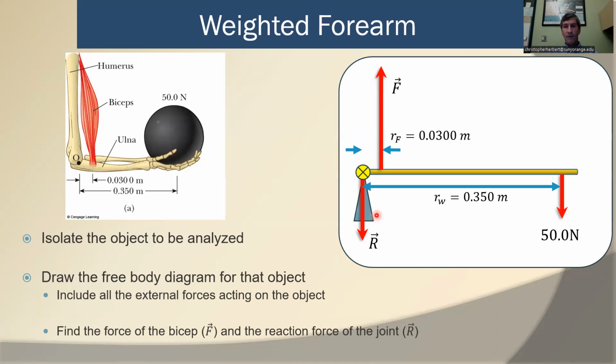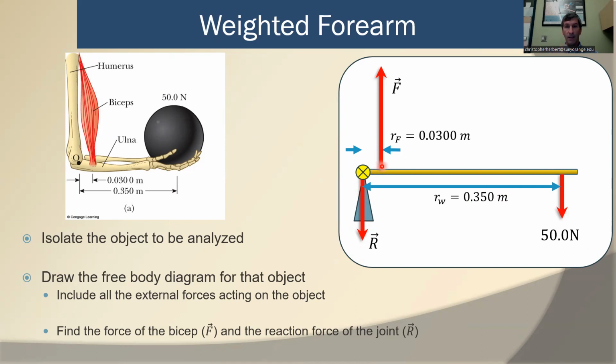So notice what I've done here. I have the applied weight, this ball which I'm supporting, which is 50 newtons. I indicate its distance from what I choose to be the center of rotation, because my reaction force is going to be at the elbow joint, which is a natural place where I'll choose the hinge to be the axis of rotation here.